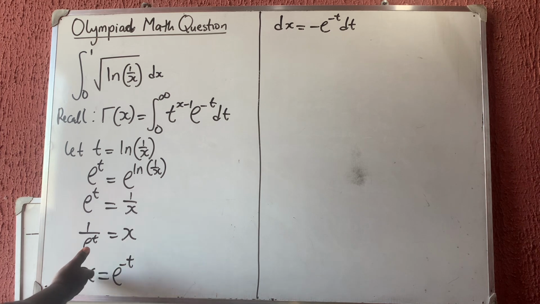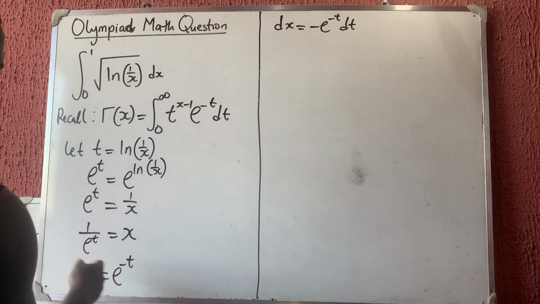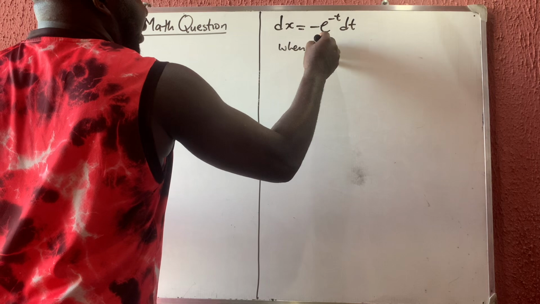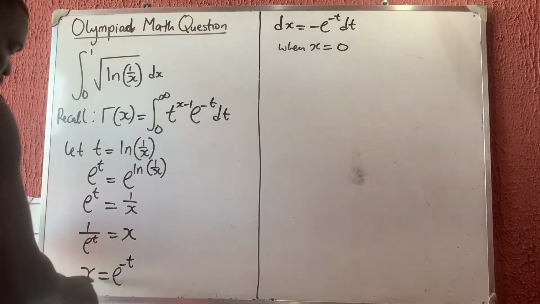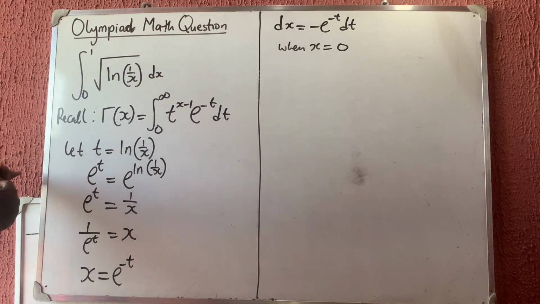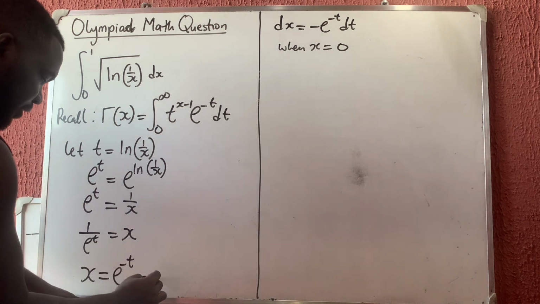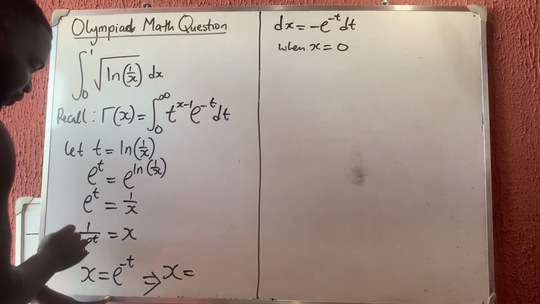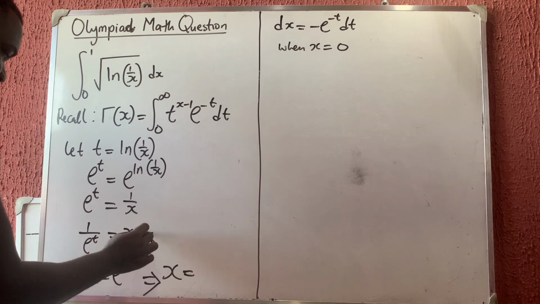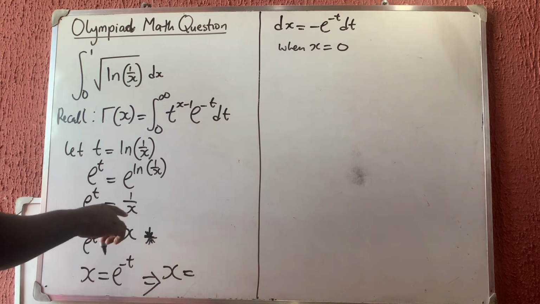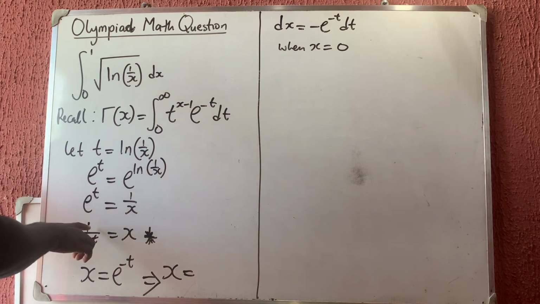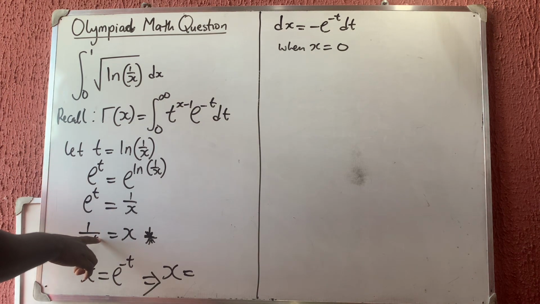Let us substitute x to be 0 and see what we are going to have. When x is equal to 0, we now have 1 over e raised to power something.